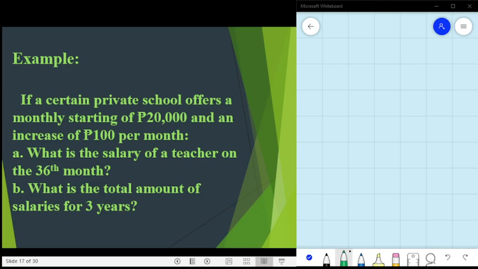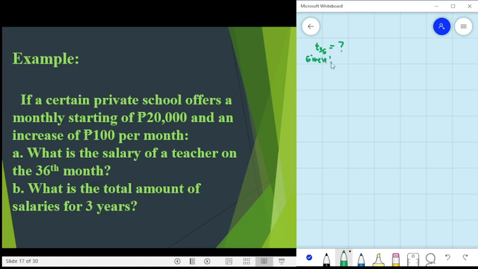Okay. So first, what we're going to do is to find T sub 36. So from here, we should find the given.